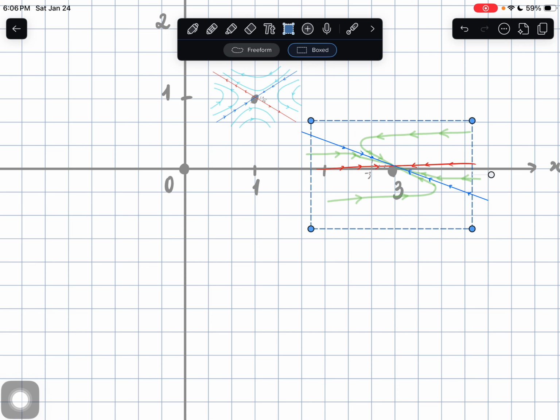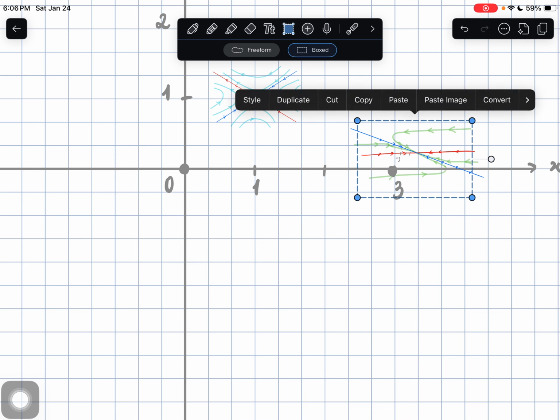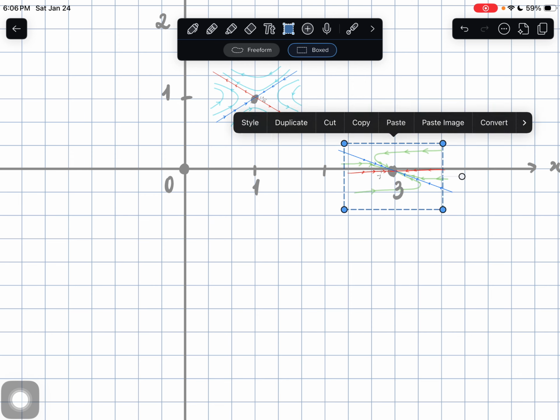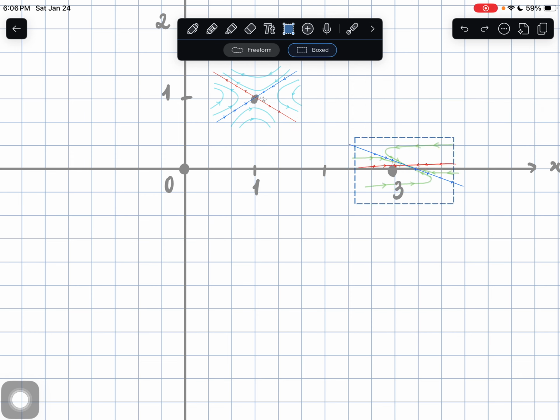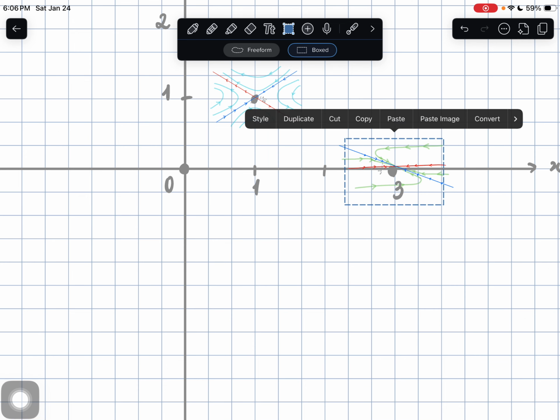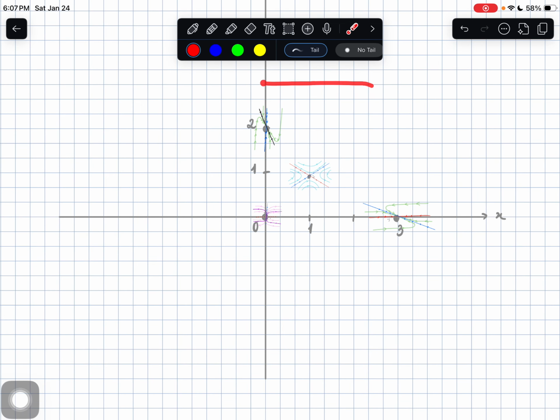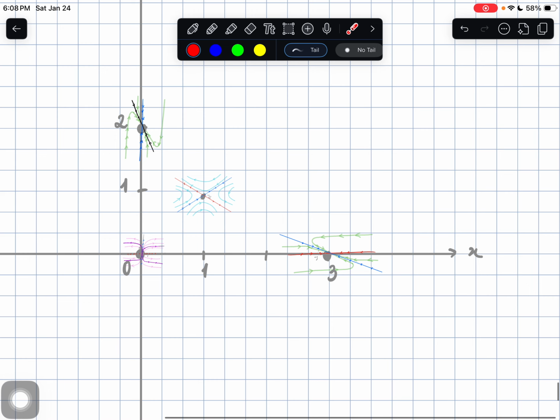So it looks like this. So we should focus on the first quadrant because the population has non-negative numbers.